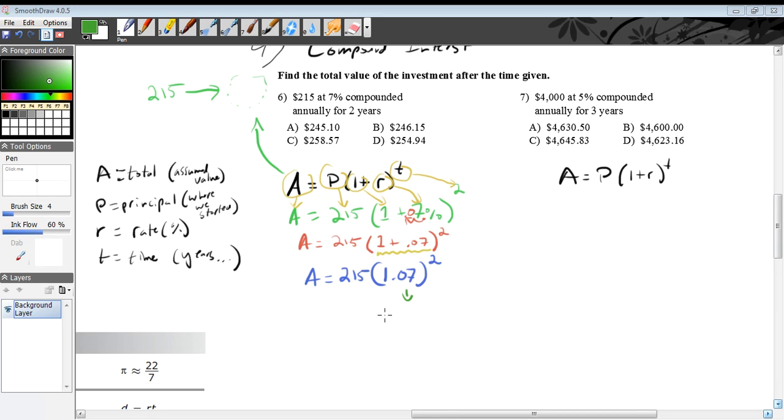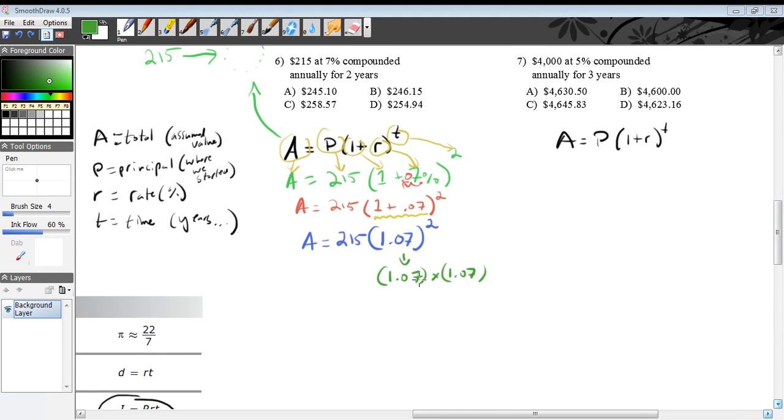What this means is 1.07, not times 2, but times 1.07 again. And then we'll multiply by the 215. This is equal to 1.1449. We've got A is equal to 215 times this.